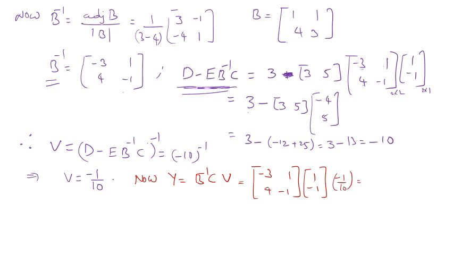After taking this product, this is a 2 by 2 matrix and this is a 2 by 1 matrix, which we already did here. So minus 4, 5 multiplied by minus 1 by 10, right? This y is over.